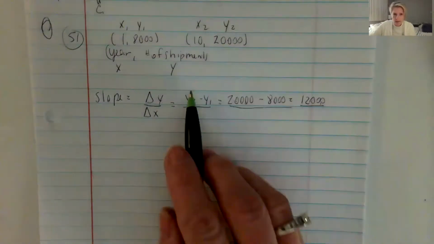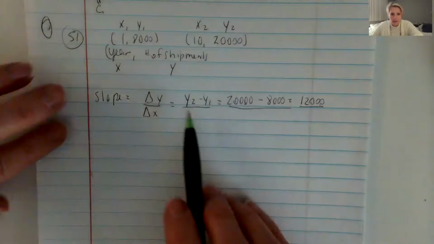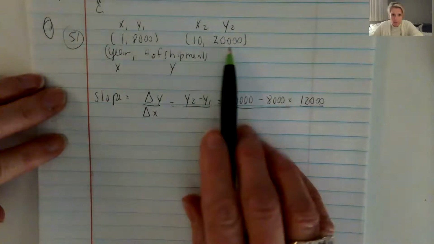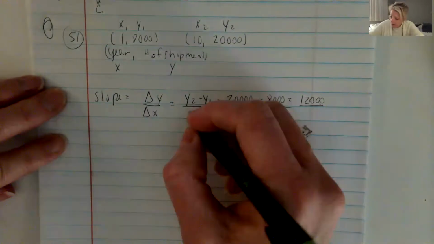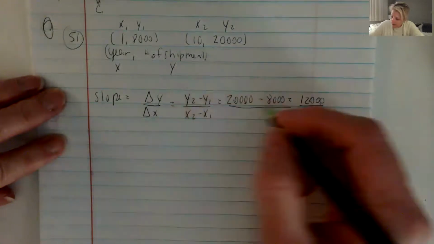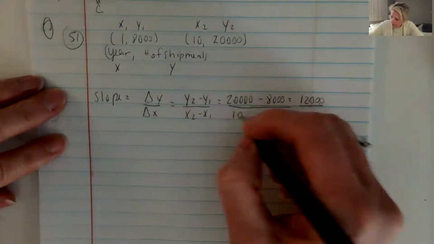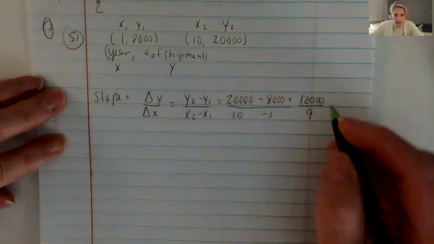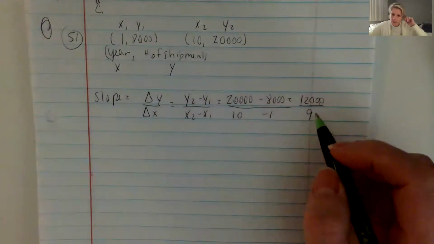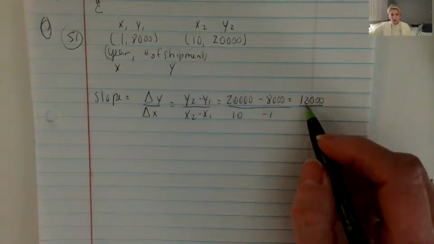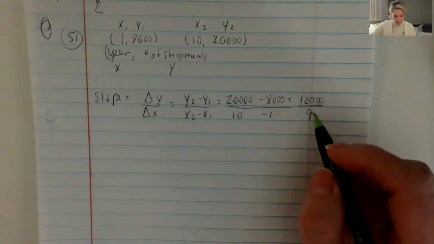And then that means I'm going to take the difference in my X values. And because I started with Y2, I have to start with X2. So this is going to be X2 minus X1. So that's 10 minus 1. So that's 9. So the number of shipments increased 12,000 shipments over 9 years.